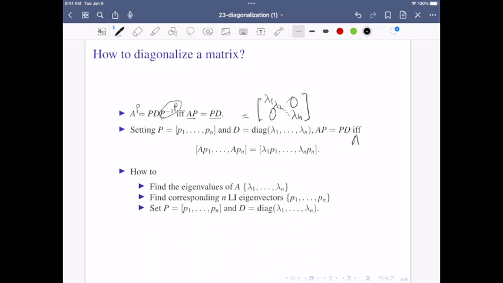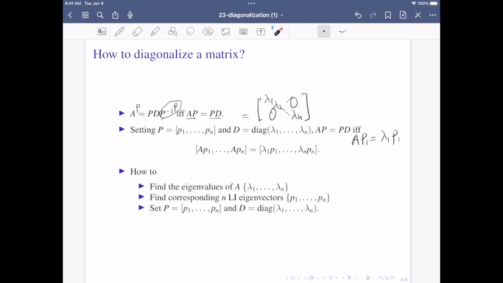This can be interpreted as lambda 1 is an eigenvalue of A, and P1 is the corresponding eigenvector. And the same thing for lambda n. So those diagonal entries must be filled up with eigenvalues, and P must be filled up with columns given by eigenvectors. So each column will be an eigenvector. Now, we're going to conclude how to find P and D to diagonalize A.